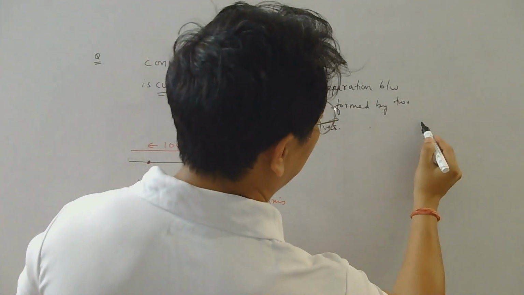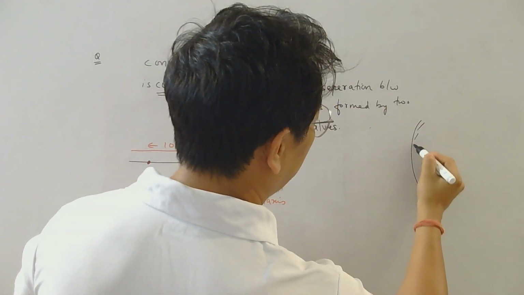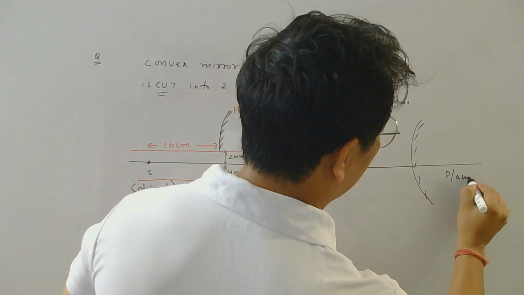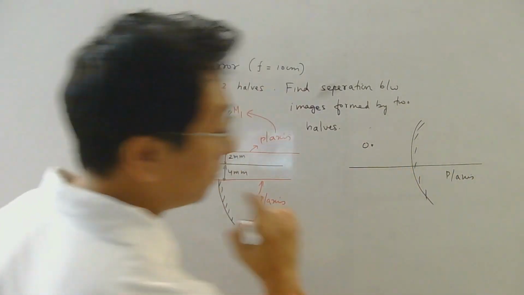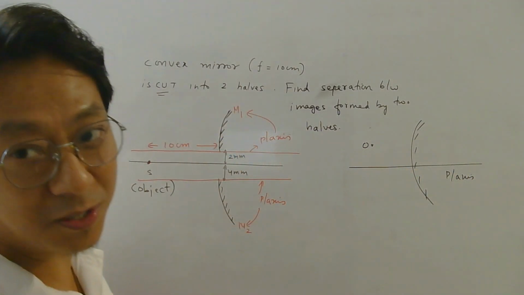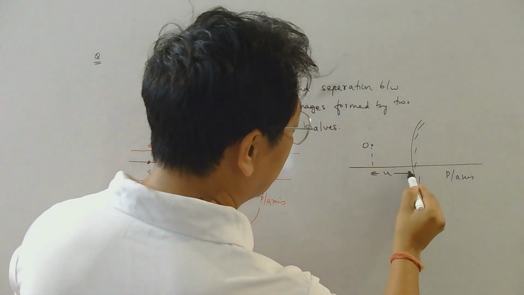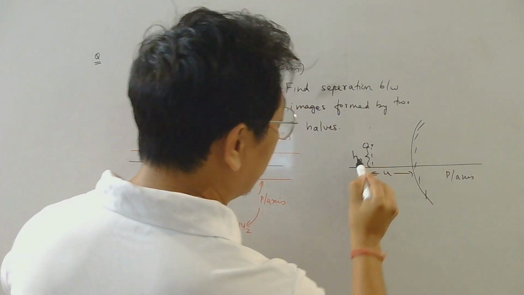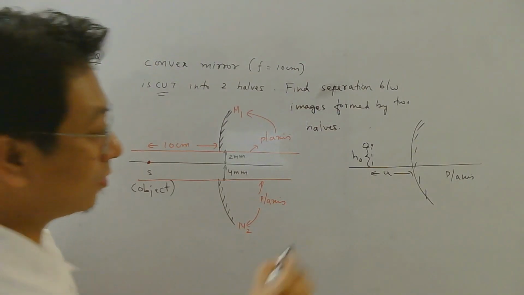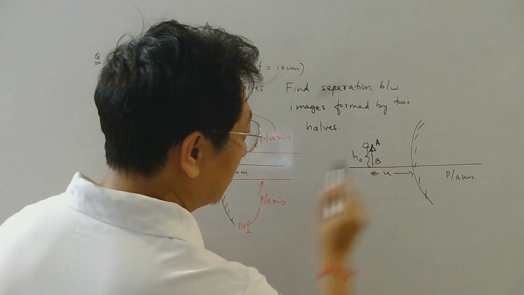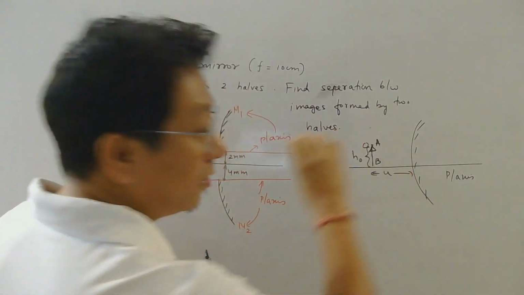For example, if I give you this convex mirror, and this is the principal axis, remember, principal. And if I give you an object here, which is not on the principal axis, still object distance means what? This is the object distance and this is the height of the object, right? So if I put an extended object like this AB, this is called the object distance, this is called the height of the object, isn't it?